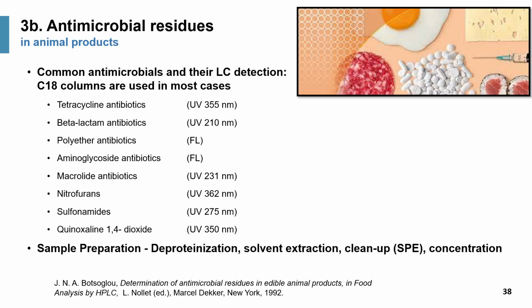Antimicrobial antibiotic residues in animal products can also be assayed by HPLC quite readily using a set of columns with UV or fluorescent detection shown here. And this particular chapter in this book, which is kind of the go-to Bible on HPLC food testing, is shown here, analysis by HPLC.